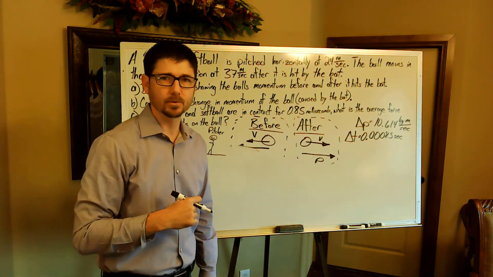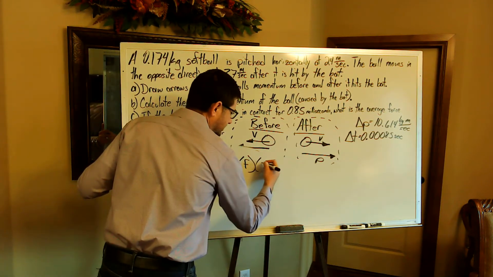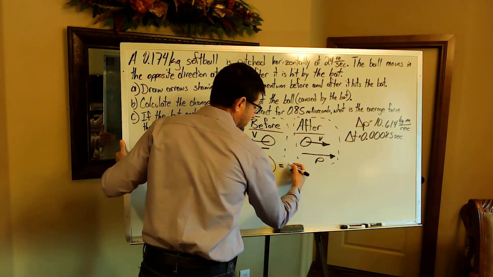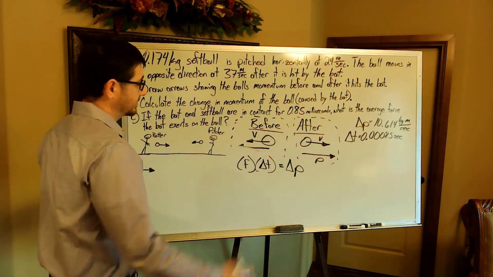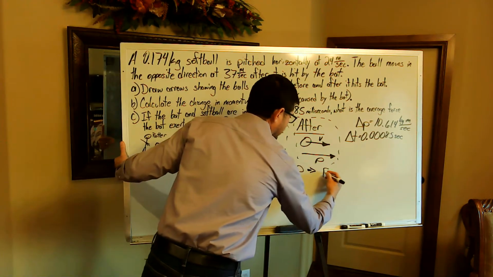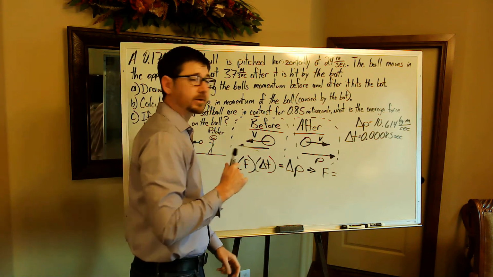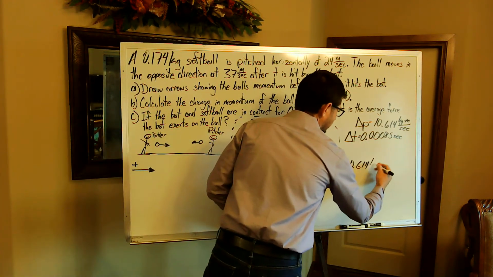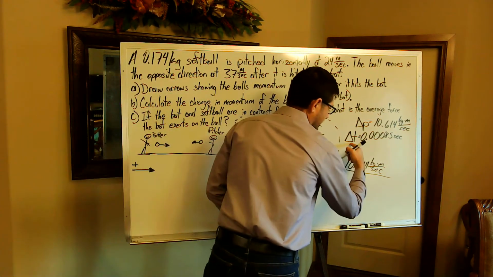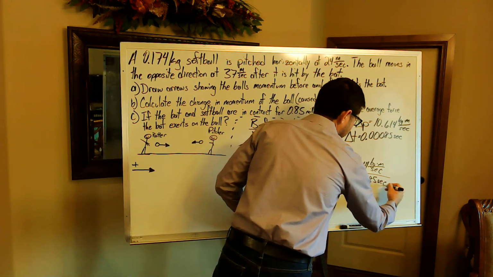We're going to use the Impulse-Momentum Theorem. Our equation for impulse is the average force applied to the object multiplied by the time interval of that applied force is equal to the object's change in momentum, delta P. So force is equal to the change in momentum you've already calculated, 10.614 kilogram meters per second, divided by the time interval of contact, the time that the bat contacts the ball, 0.00085 seconds.